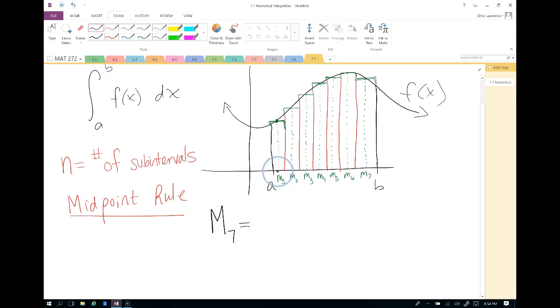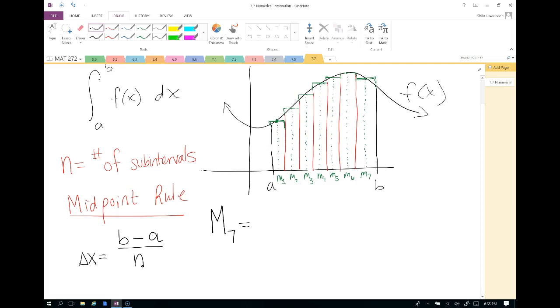I'm going to first figure out how wide those rectangles are. That is called delta x. Delta x is usually just a little width of x. So what I've done is I've taken my entire a to b interval and I've split it into n equal subintervals.